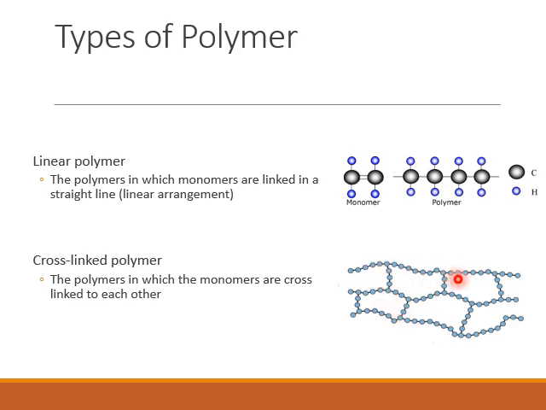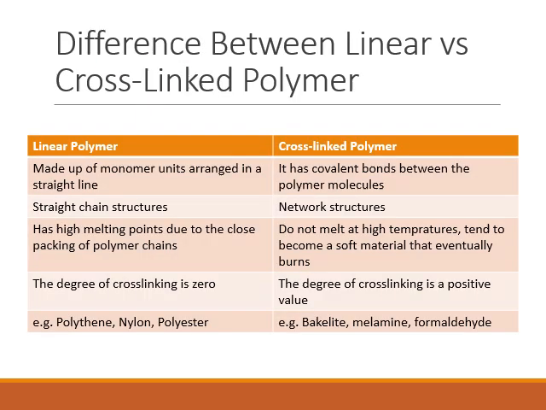So it forms a network-like structure, not a straight line. So that's why we call them cross-linked polymer. In the next slide, we'll see what is the difference between linear and cross-linked polymer.